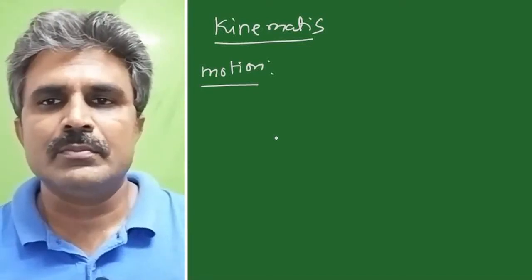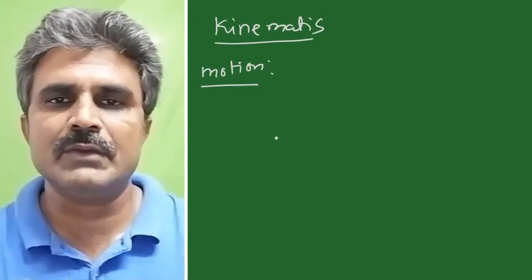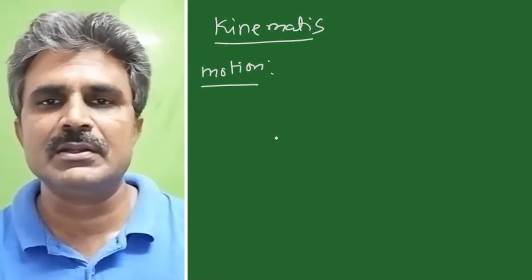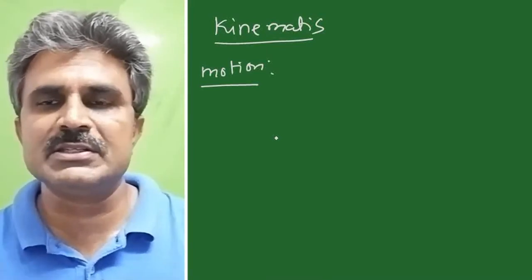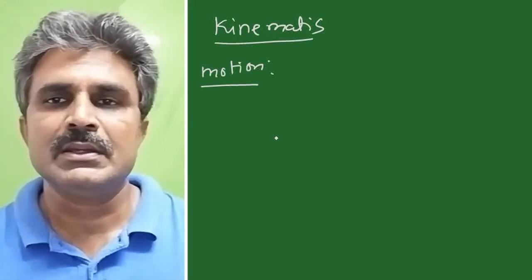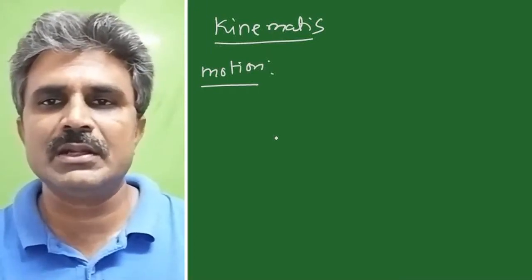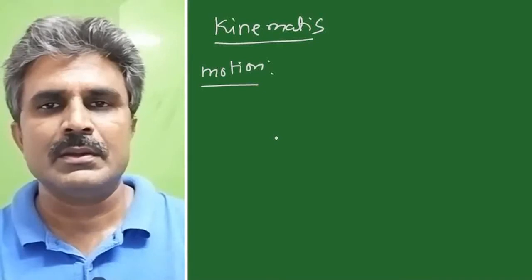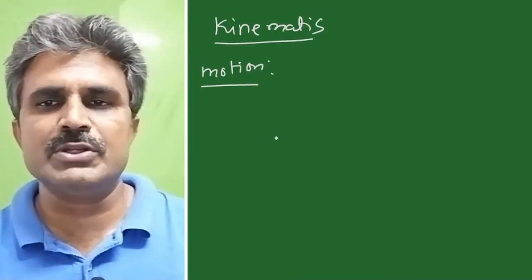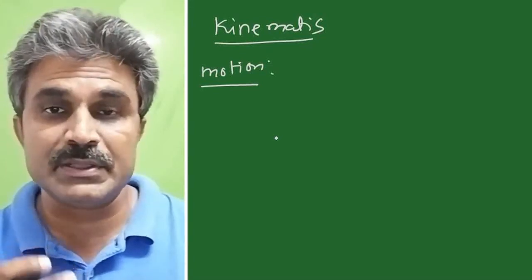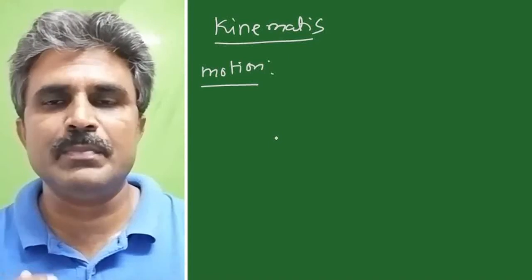Now if I am moving with my bicycle, moving away from my friend, my friend feels that I am moving. Why? Because the distance between him and me is changing continuously, so he will notice that I am moving. So the considering person is my friend and the object is me.